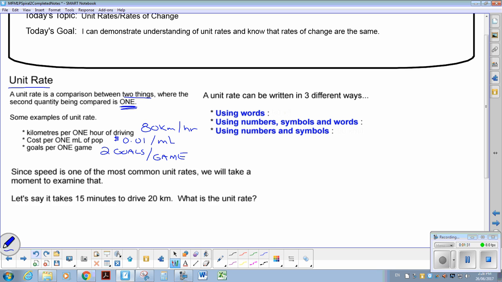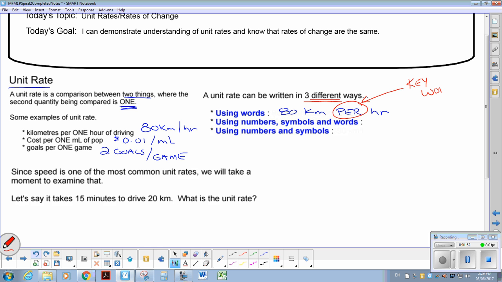A unit rate can be expressed in 3 different ways. Using words: 80 kilometers per hour. Anytime you use the word per, that is your key word that you are dealing with a unit rate.